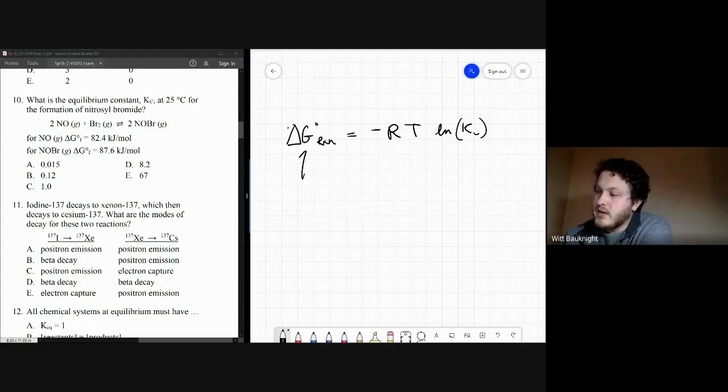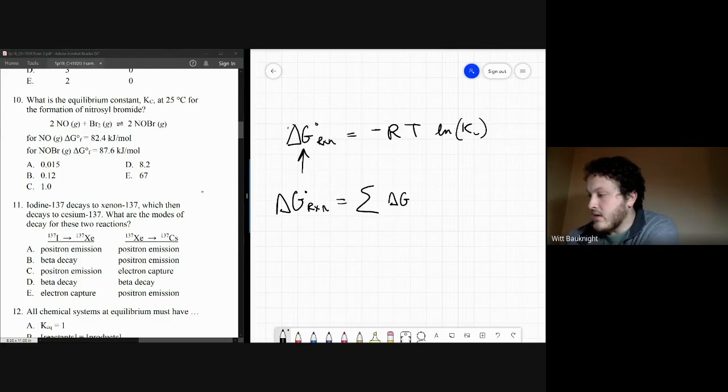Well, we need to figure out what delta G standard is equal to. And from the last unit, we know that delta G standard of a reaction is equal to the sum of delta G formations of the products times stoichiometric coefficient minus the sum of delta G formation of reactants times their stoichiometric coefficients.